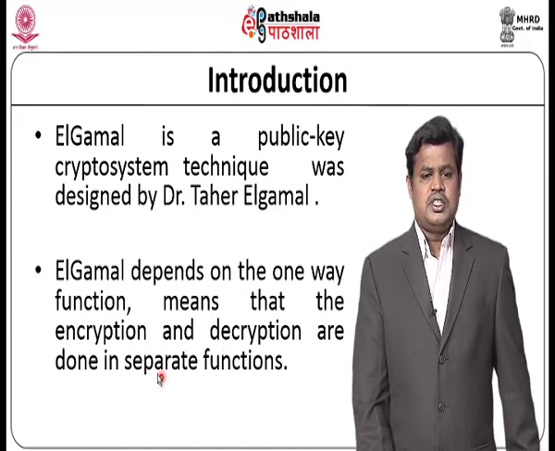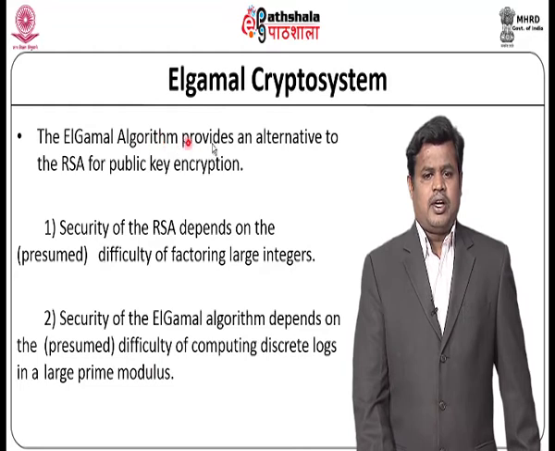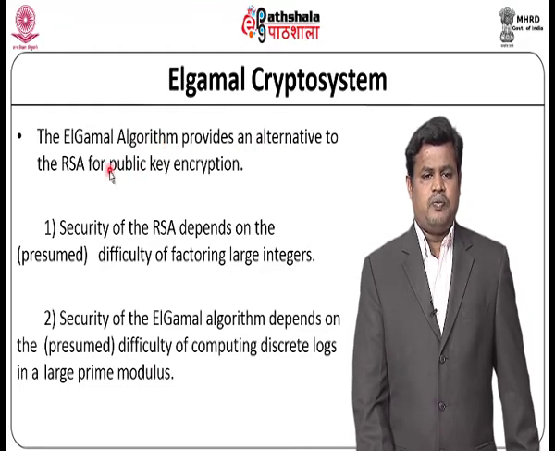The ELGAMAL algorithm provides an alternative to RSA, a crypto system which we have discussed earlier for public key encryption. With RSA we already saw how the public key and private key are generated, and also the encryption and decryption process.